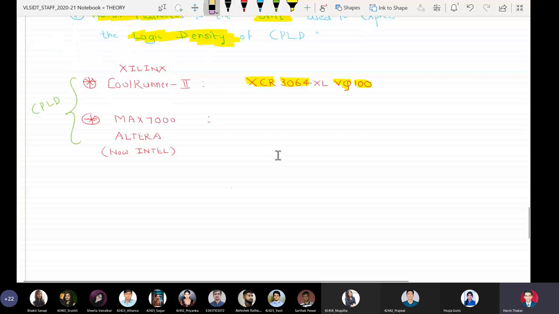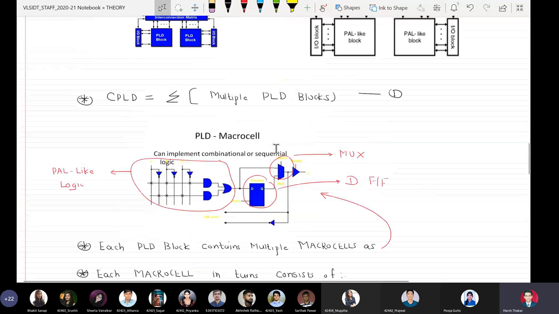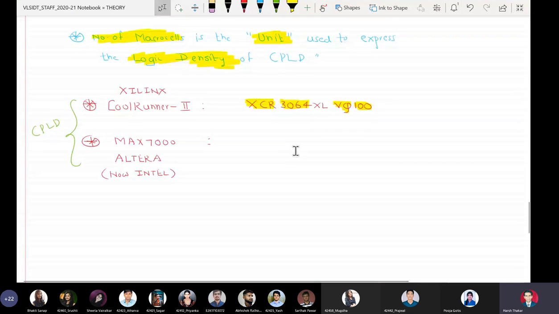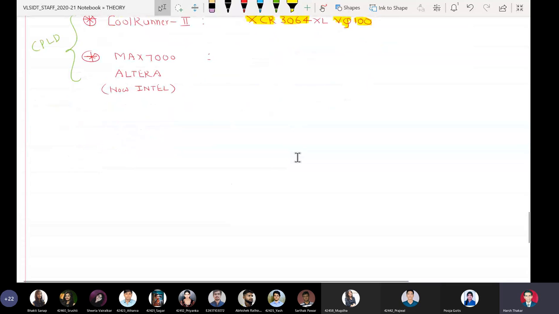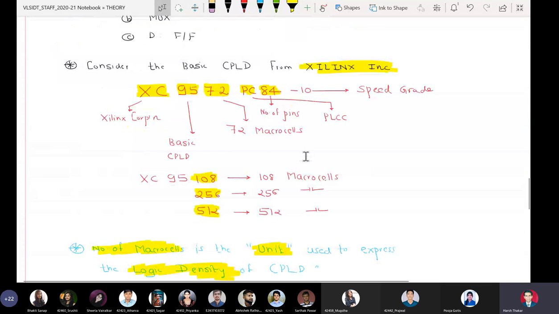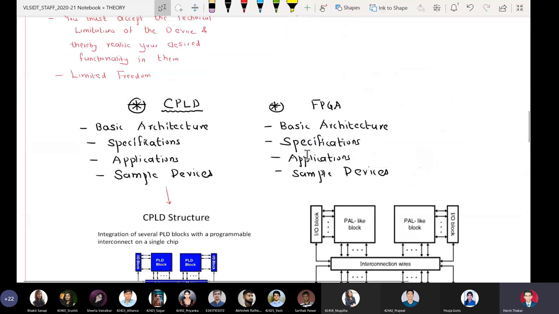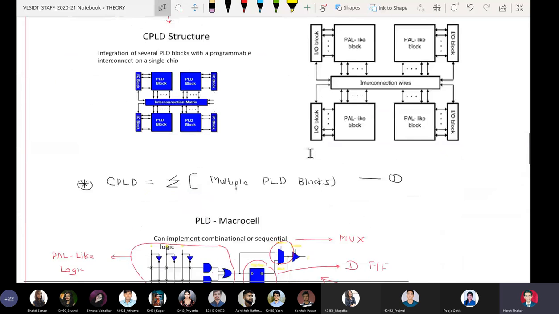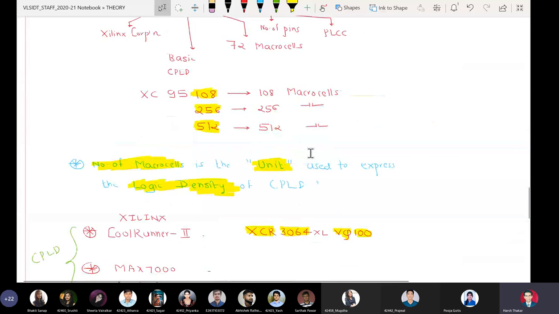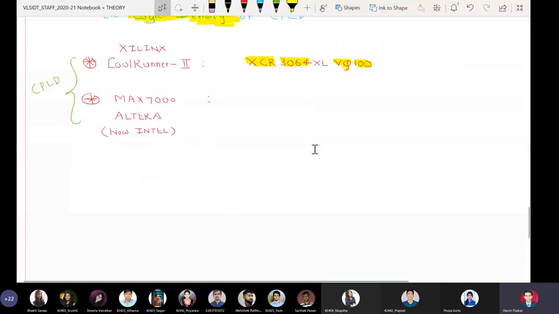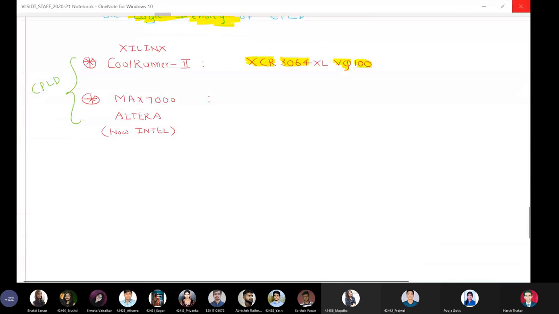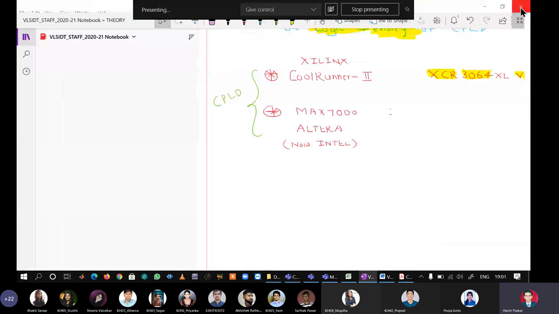Tomorrow we will cover elimination of hazards, and we will jot down applications of CPLD, and then we will start with the second and the only unit left, that is FPGA's basic architecture, specifications, applications, and sample devices. And also then we will have contrasting FPGA versus CPLD. That's it. Anybody who has any questions can ask.